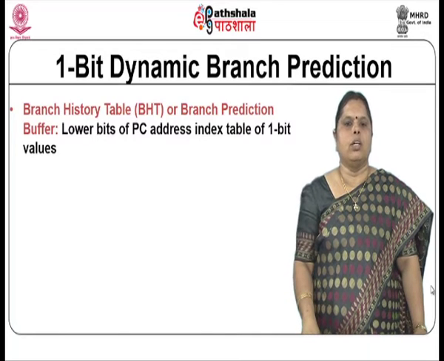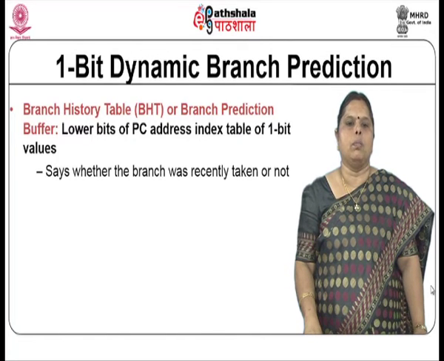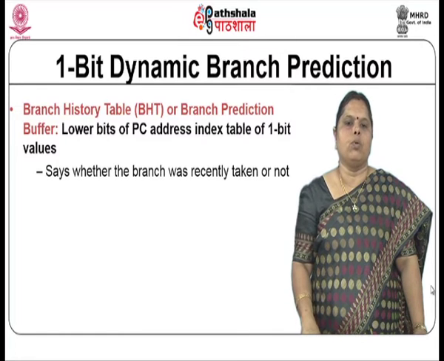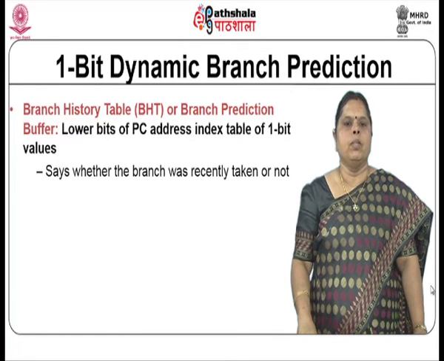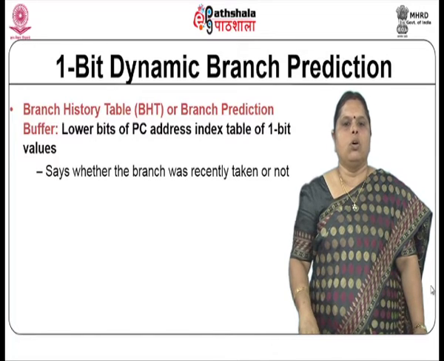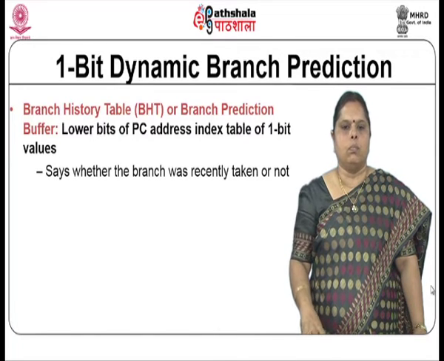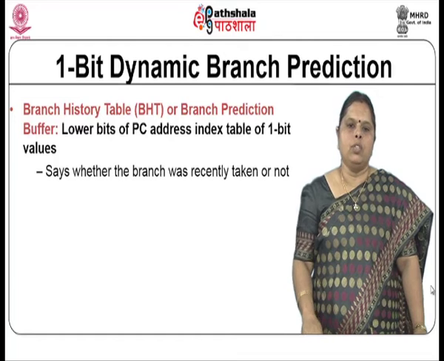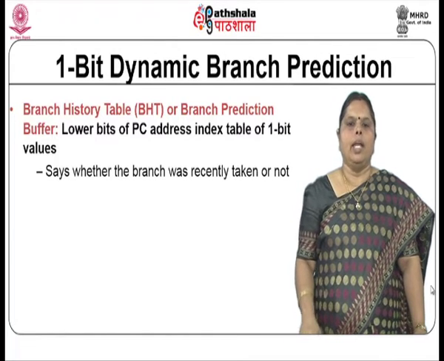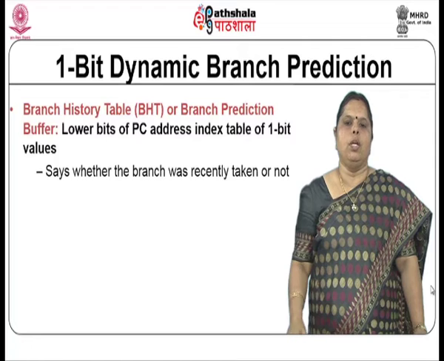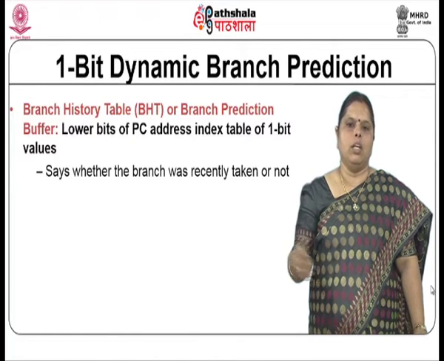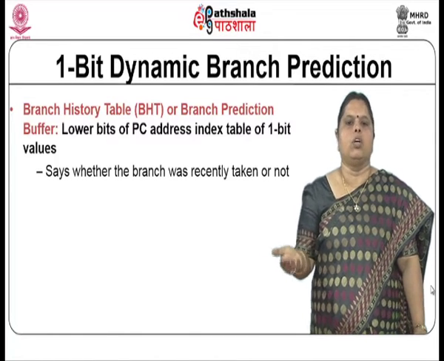Why it is called a 1-bit dynamic branch predictor is, suppose you have a 1K branch predictor, then it means that you are going to store 1024 entries or 1024 branches' information. And each of these entries has only one bit, a 1 or a 0, indicating whether the branch is predicted to be taken or not. A 1 probably indicates that the branch is predicted to be taken, a 0 indicates that the branch is predicted not to be taken.